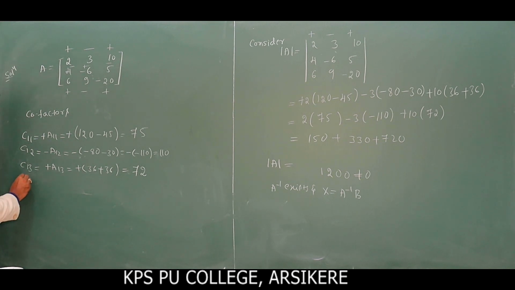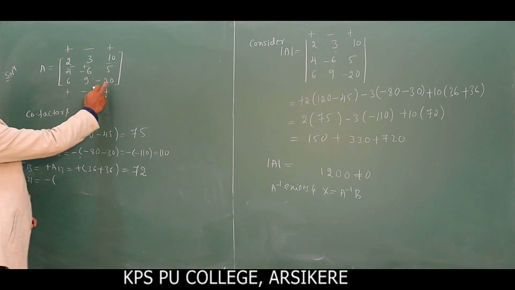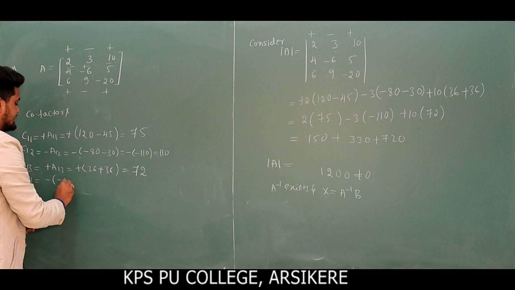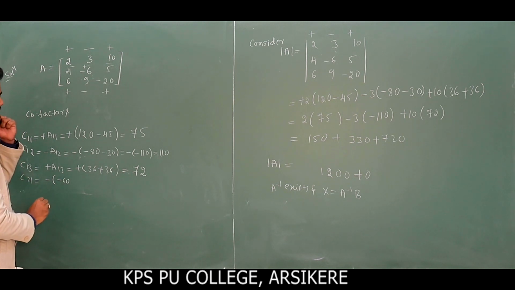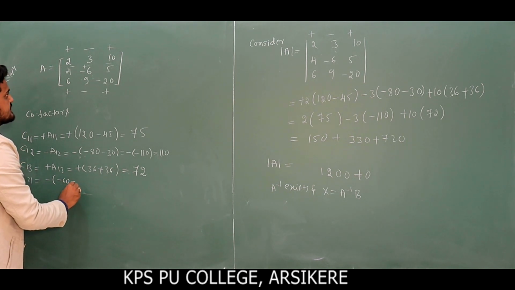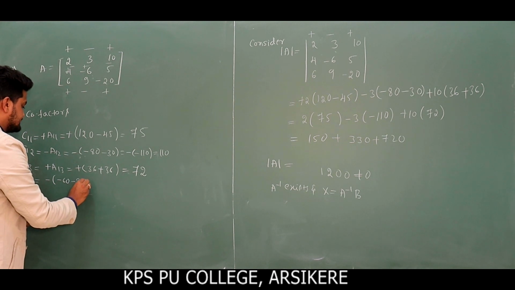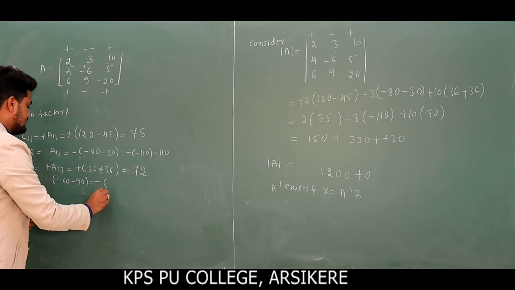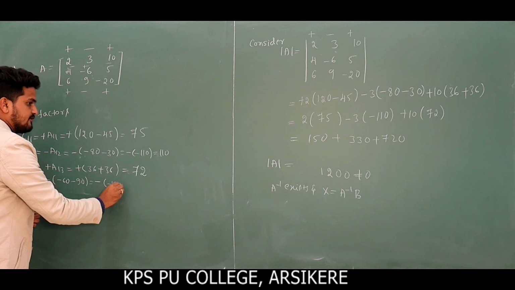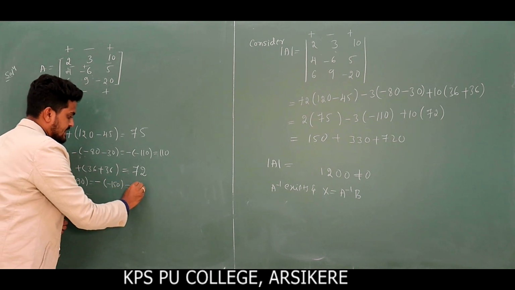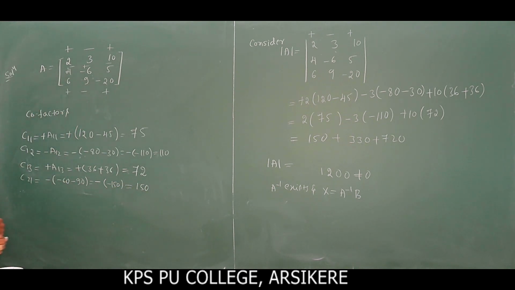Next C21, sign minus, eliminating the second row and first column. Minus 60 minus 90, which is equal to minus of minus 150. Minus into minus is plus 150.